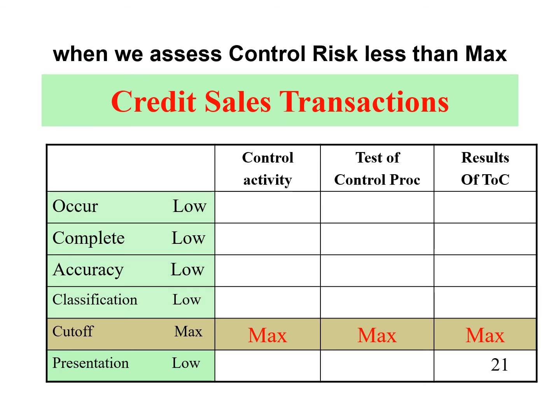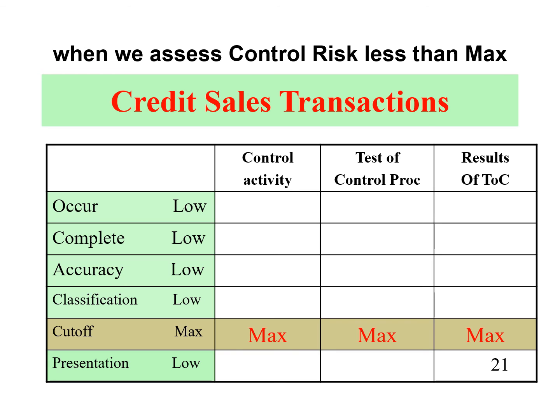So what does occurrence imply about a sale? I think occurrence implies that the customer ordered a good, that we delivered the good, that we billed the customer. So what would be a control activity? Well, this customer has a control activity that they won't enter a transaction in the sales journal unless there's an invoice.